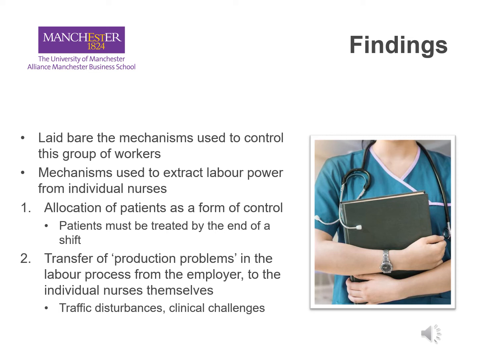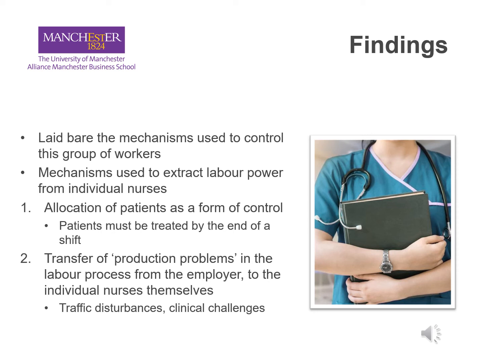Some of them may be completely unplanned and you were not aware of them. Or there may be things like traffic diversions, which means that you take longer to move from one patient to the next. So these problems in production were owned by the nurse rather than the employer, and so that resulted in time being a very, very scarce resource.